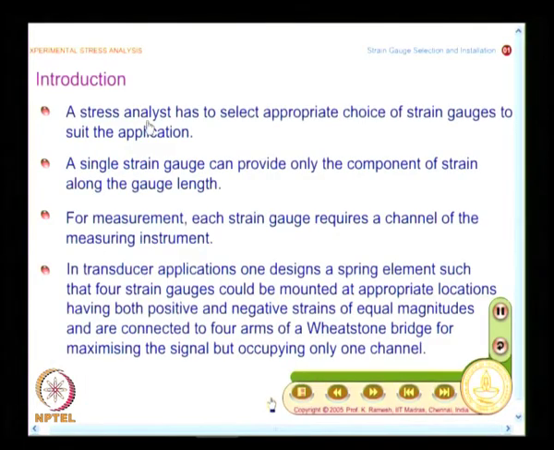So, as a stress analyst, you have to select appropriate strain gauges to suit the application, and I have always been mentioning that a single strain gauge can provide only the component of strain along the gauge length, and for measurement each strain gauge requires a channel.